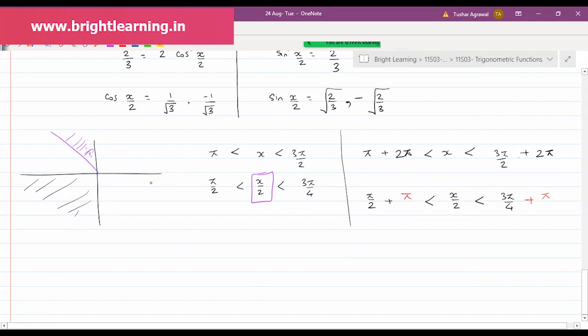These two were the boundaries: the boundary of pi by 2 and the boundary of 3 pi by 4. So instead of pi by 2, now we have pi by 2 plus pi. So now the new boundary is pi by 2 plus pi and 3 pi by 4 plus pi. Plus pi means you just take the opposite line, this line.